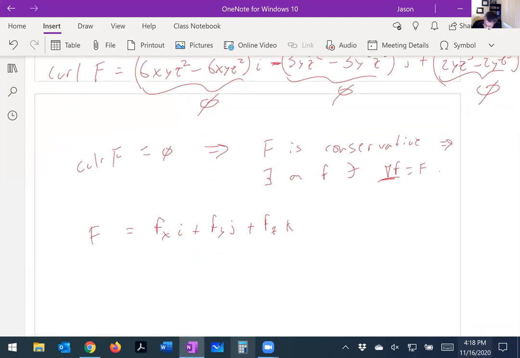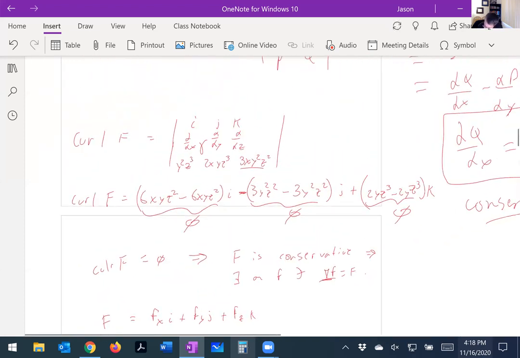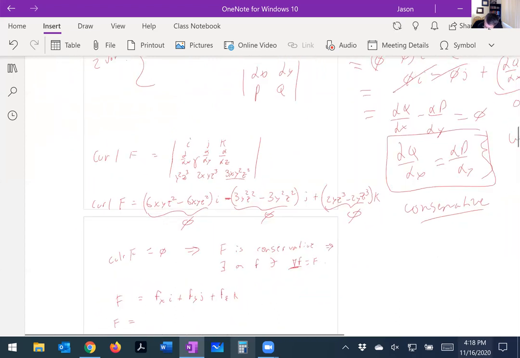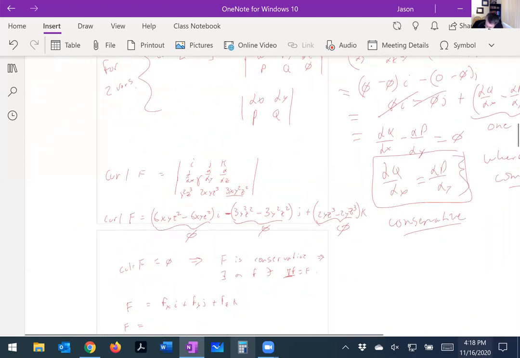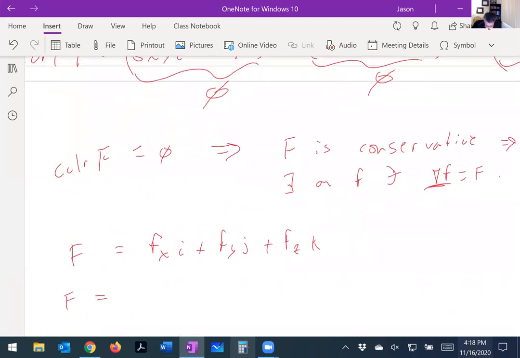Okay, so what were we given in the beginning? What is F? I guess I can just look at my notes instead of scrolling all the way back. Okay, so F was equal to y squared z cubed i plus 2xy z cubed j plus 3xy squared z squared k. Okay.